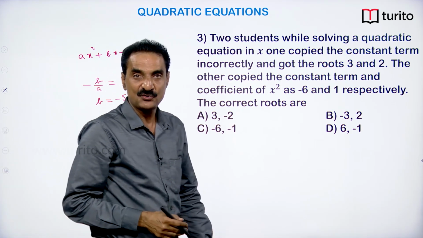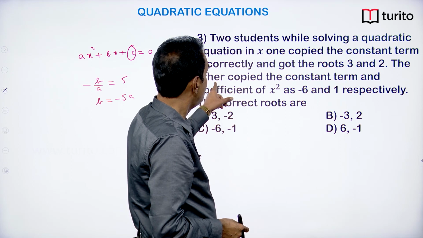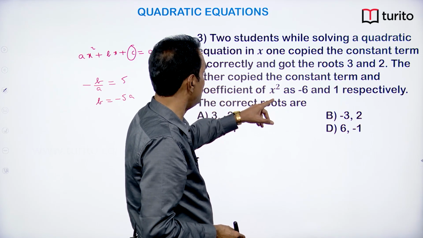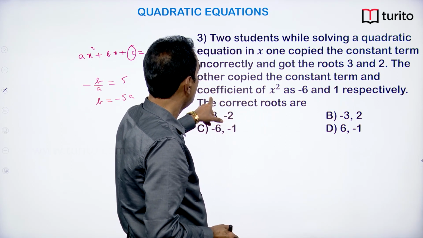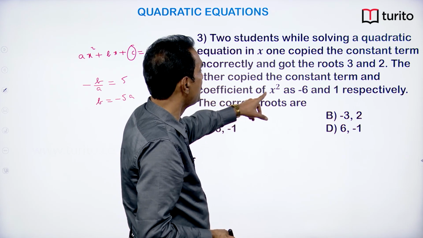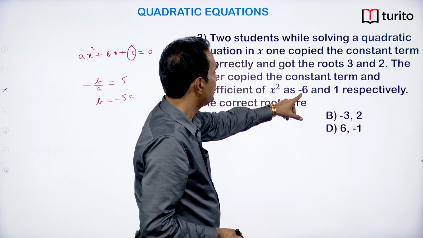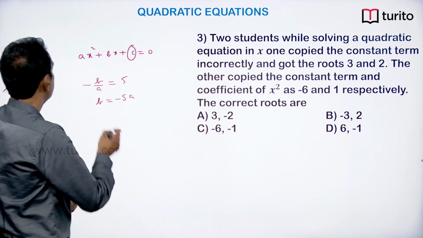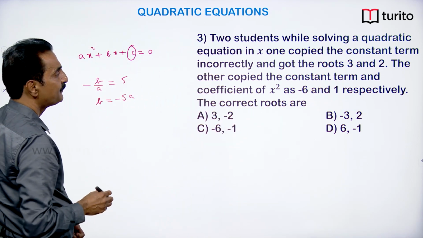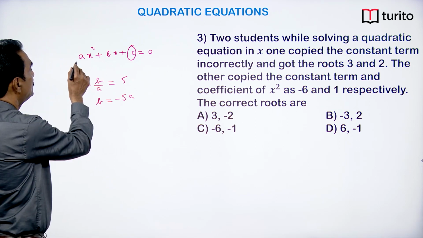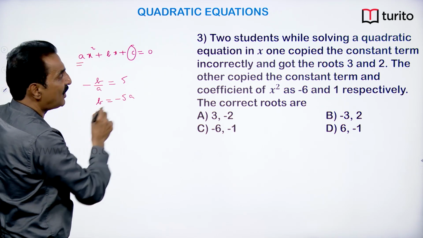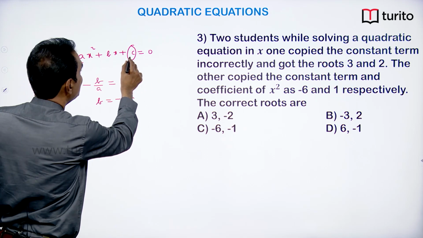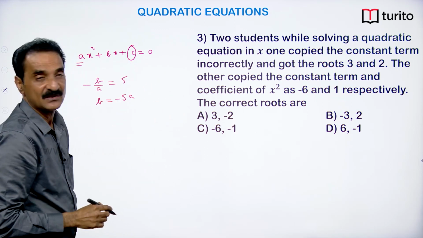Now coming to the second student, the other one copied the constant term and the coefficient of x square as minus 6 and 1. So the other one took the constant term as minus 6 and the coefficient of x square as 1.